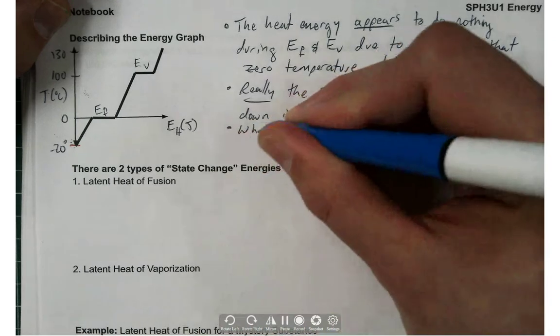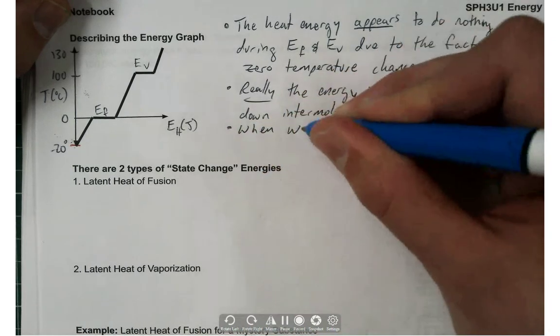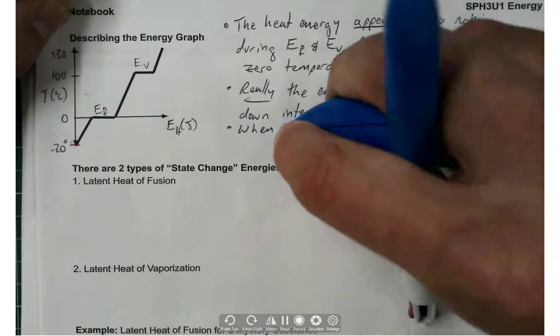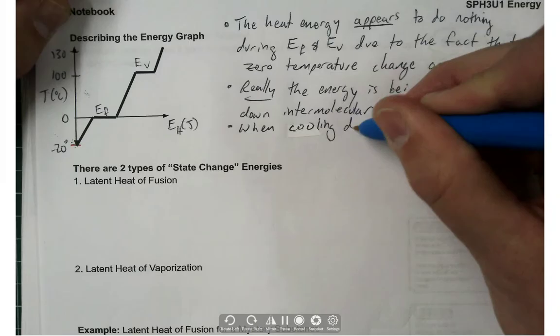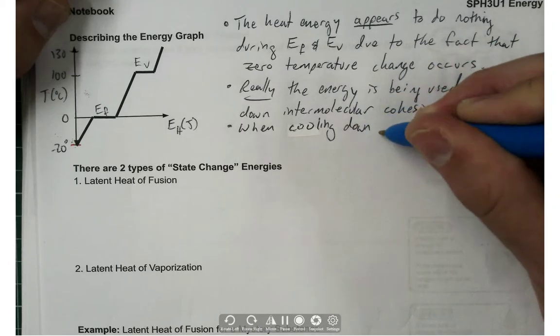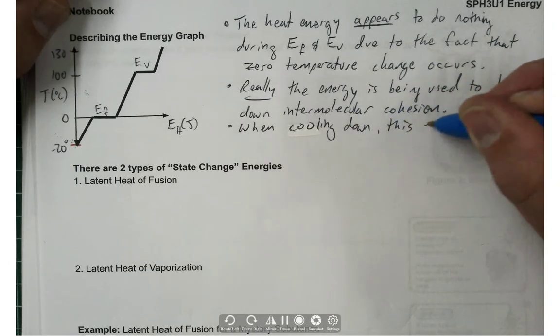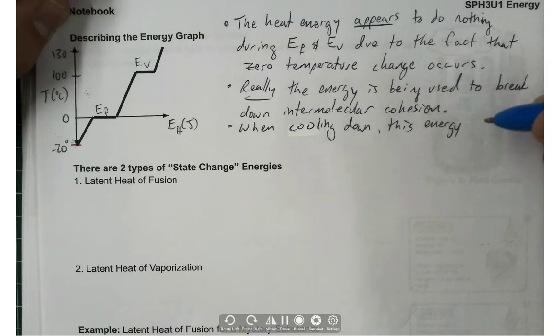However, when you're cooling down, when cooling down, this energy is released to the environment.